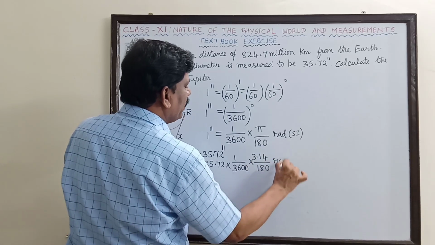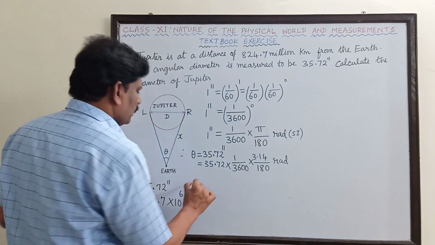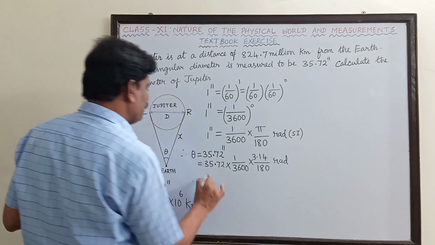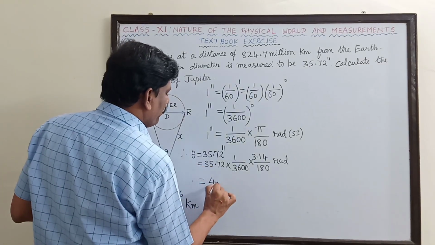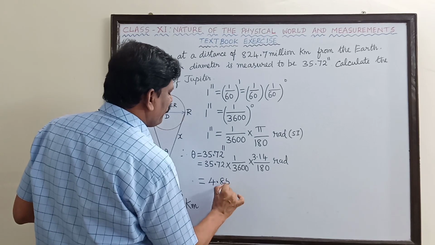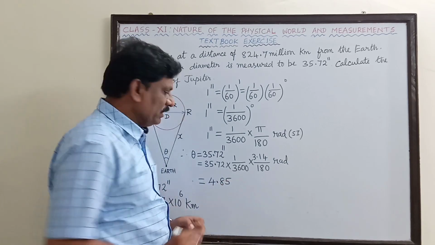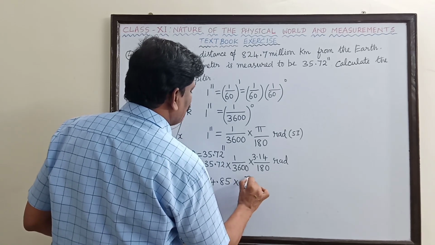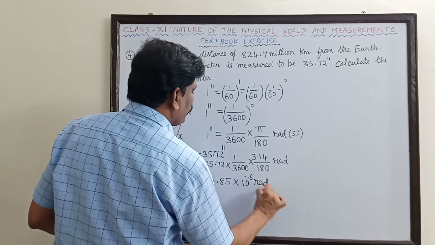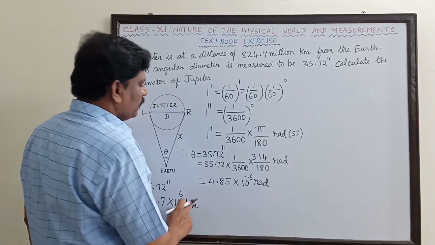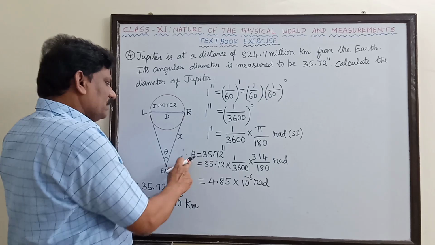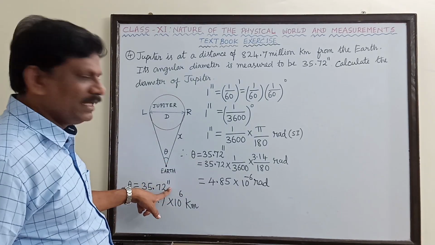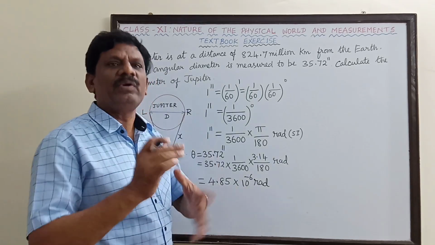Now it will come in radian. So this is found to be, if you multiply by using the calculator, it must be 4.85 into 10 to the power of -6 radian. Okay. So now I have converted this parallax angle or angular diameter theta from seconds to radian. This conversion you have to remember.